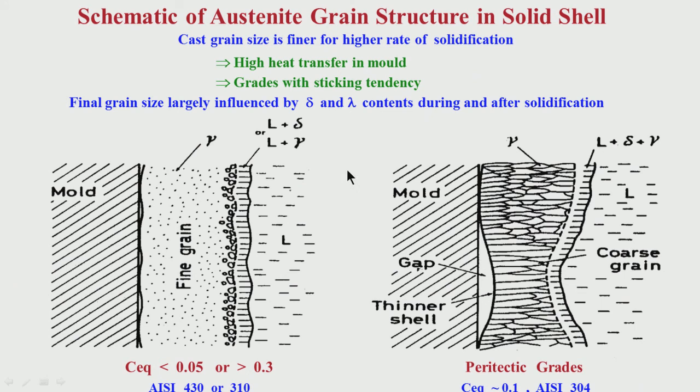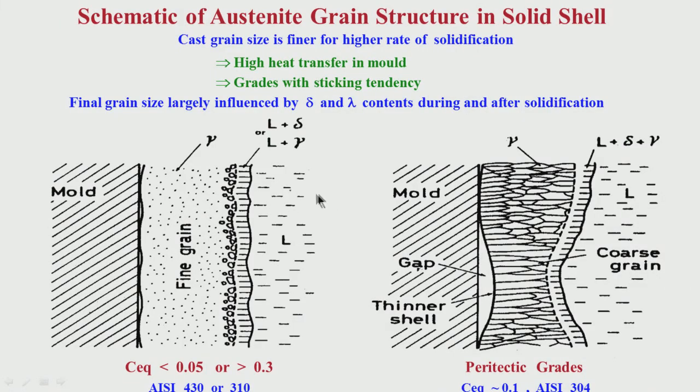So, we have to keep in mind, depending on the solidification characteristic or type of behavior, whether it is sticking type or depression type, we can design the casting parameters accordingly to get better surface quality, better internal quality of cast structure.